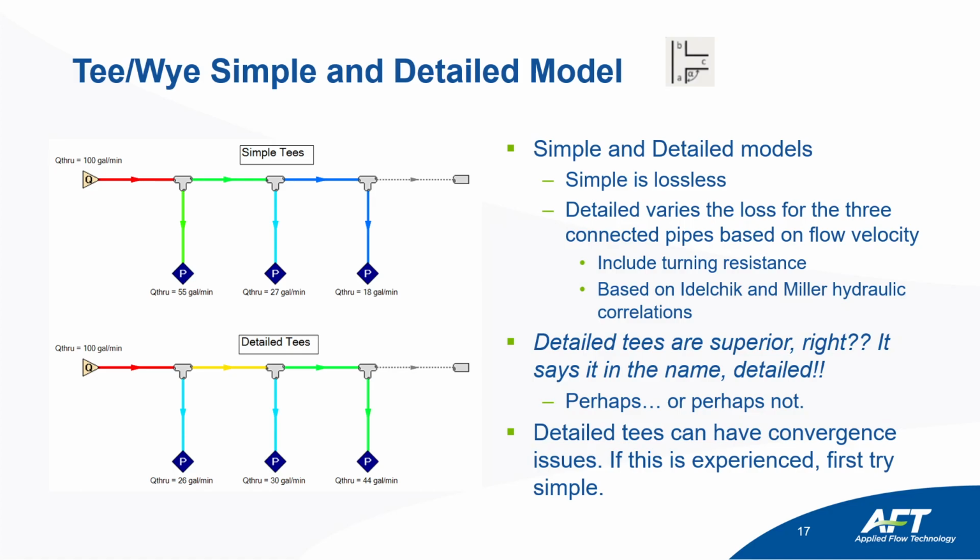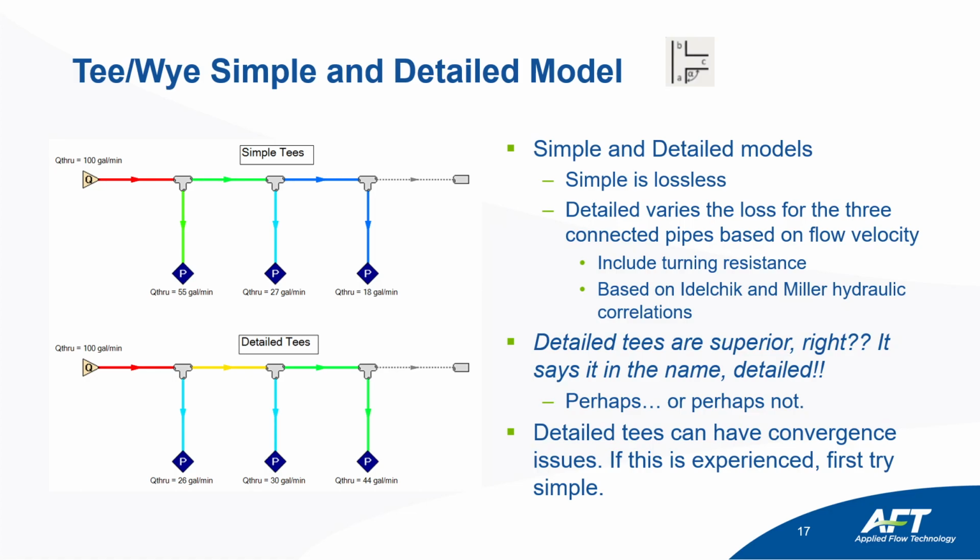One point that I do want to make, though, is detailed T's can have convergence issues. This is due to just how complex they are. They're taking the velocity at each calculation, recalculating the resistance, and resolving your problem to make sure that the velocities did not change significantly.